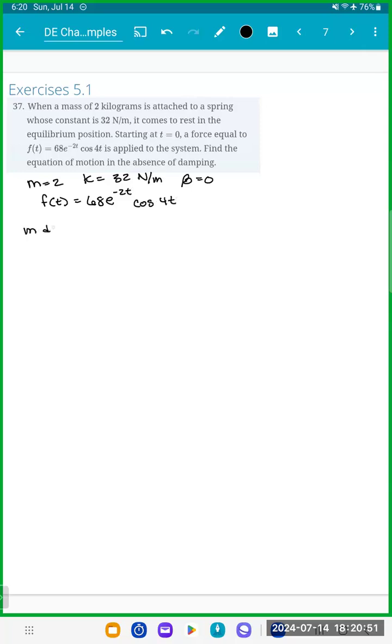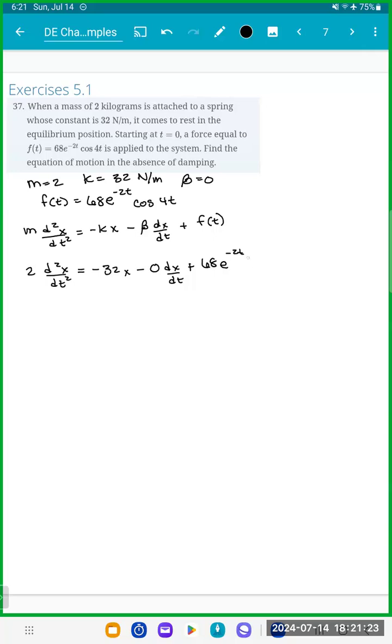So m d2x over dt squared equals -kx minus our beta dx dt plus our function. Okay, so this is 2 d2x dt squared equals -32x minus 0 dx dt plus 68 e to the -2t cosine 4t.